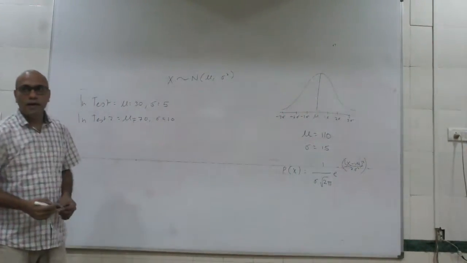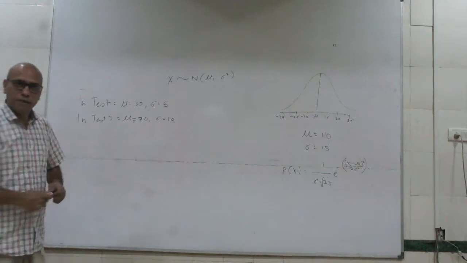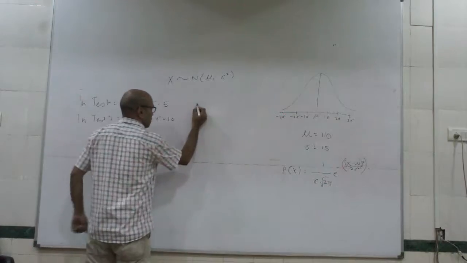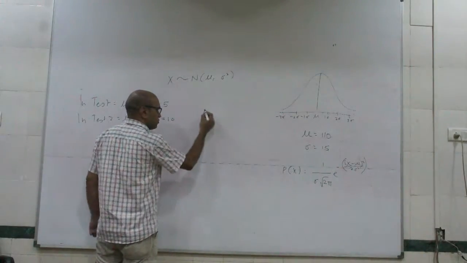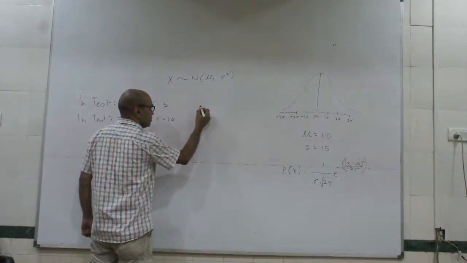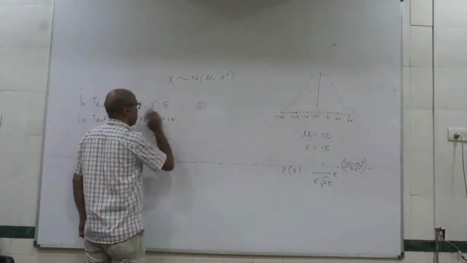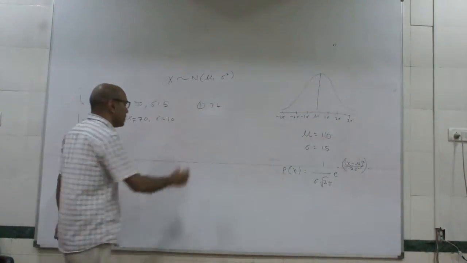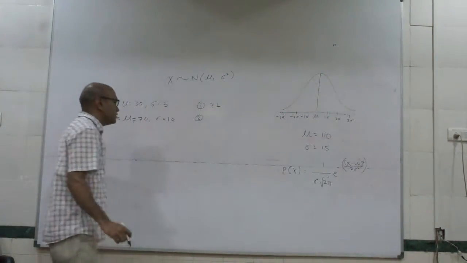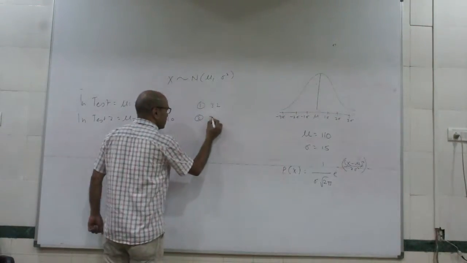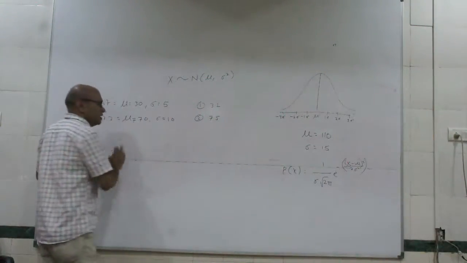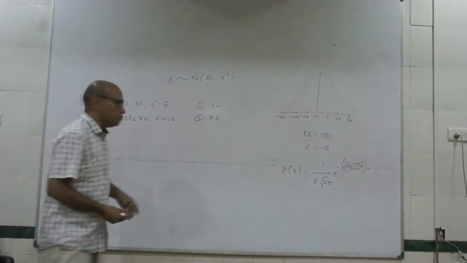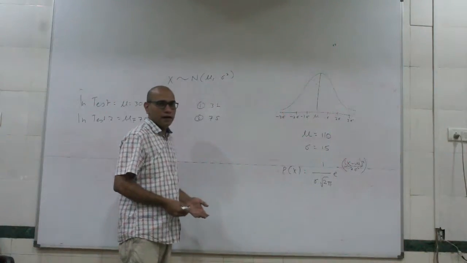Now I found somebody, this individual number 1, the first participant, has got a score of 32 on this. There's a second participant who comes in, who says that he has got 75 on the second test. Now, I wish to compare the two participants. How do I do that?